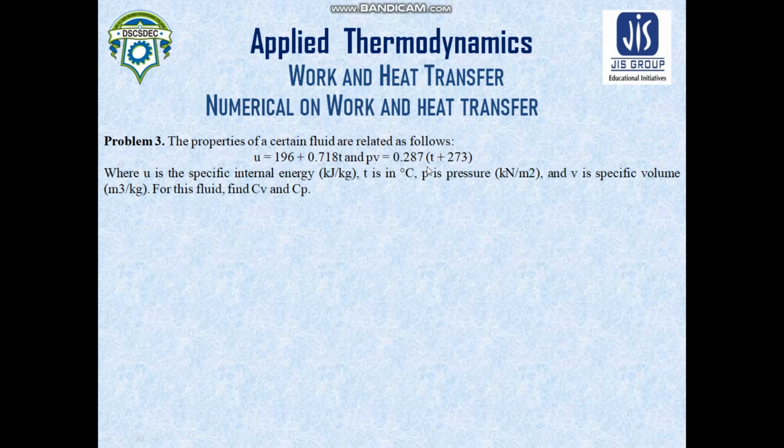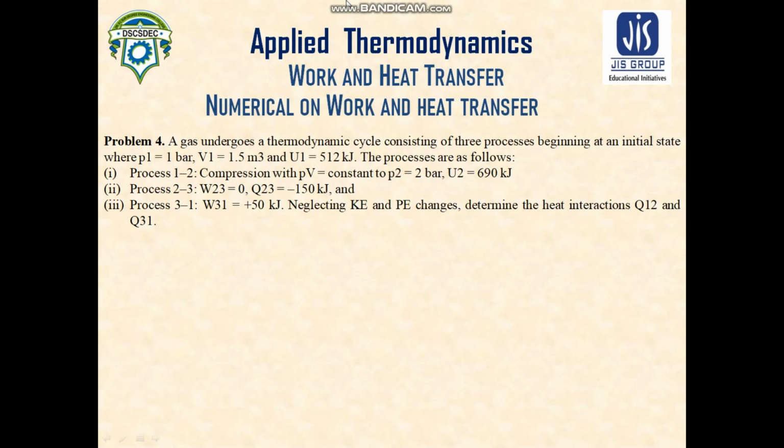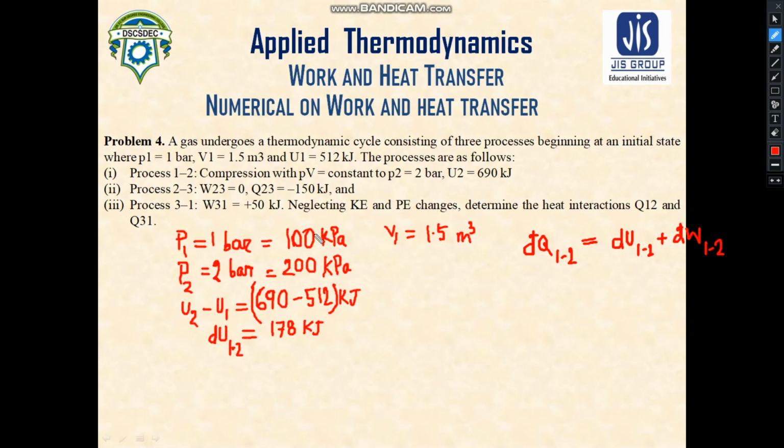Let us see what the fourth problem is. A gas undergoes a thermodynamic cycle consisting of three processes, beginning at an initial state where P1 is equal to 1 bar, V1 is equal to 1.5 meter cube, and U1 is equal to 512 kilojoules.